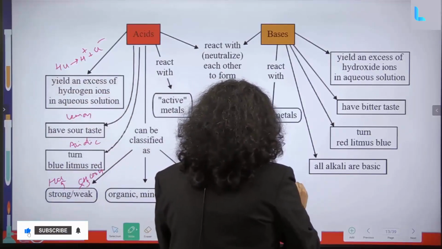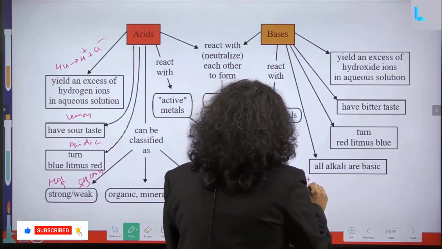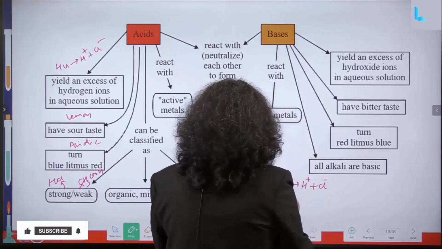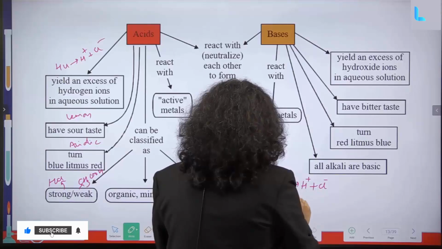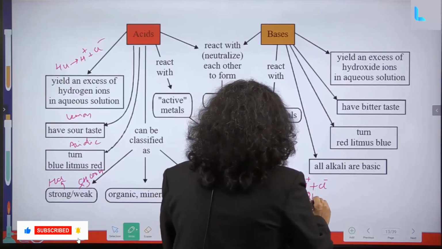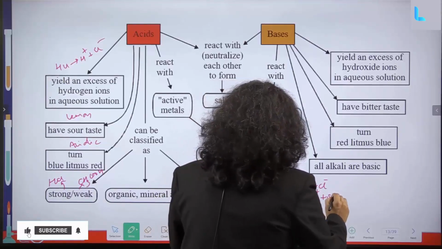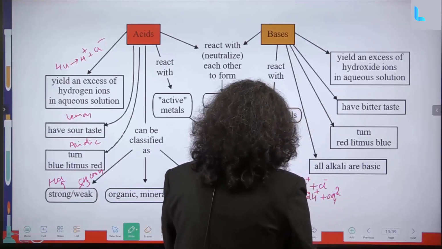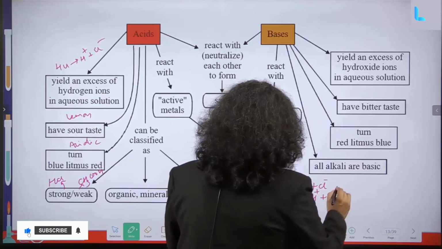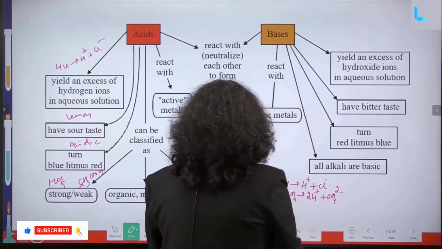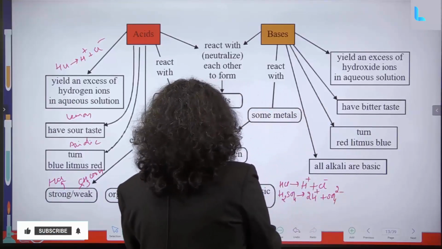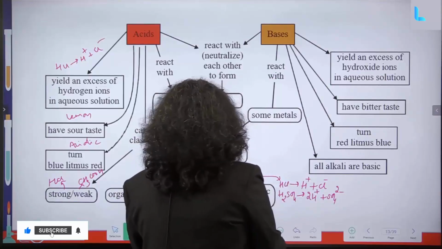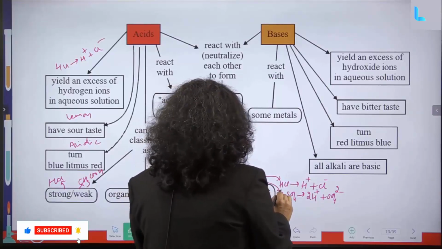Some examples: HCl breaks to 1 H plus, and H2SO4 breaks to 2 H plus. This is an example of monobasic, this is an example of dibasic.